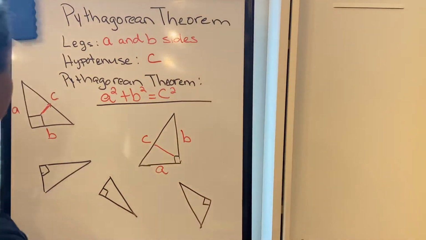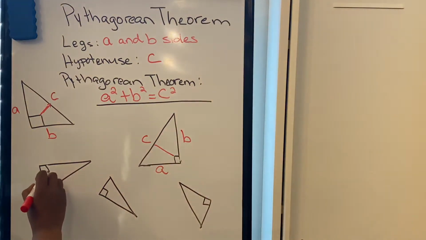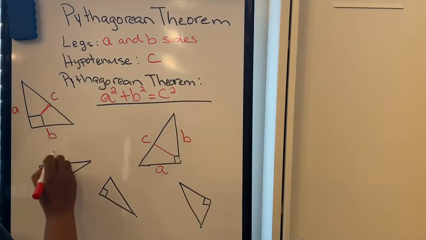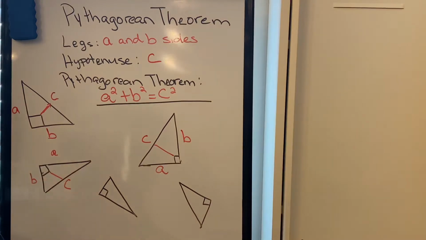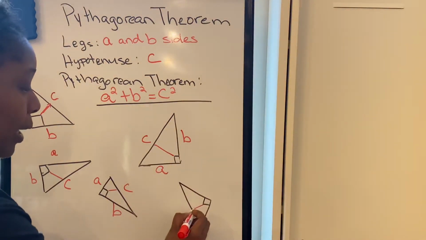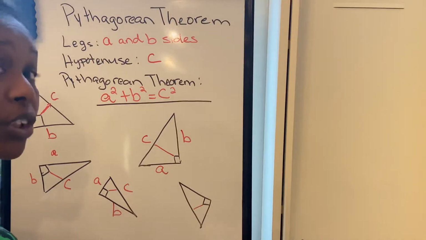Label it A or B. Over here, I'm directly across. This is a C. I can label them A and B. Over here, directly across, it's a C. And I have A and I have B. Last one over here. Even though this triangle is facing this way, it doesn't matter. It's still whatever is across from my 90-degree angle.